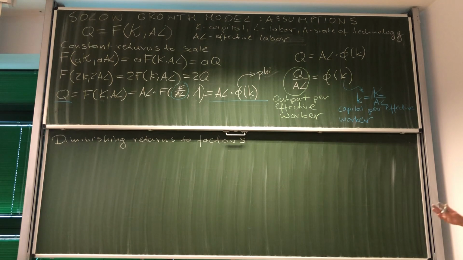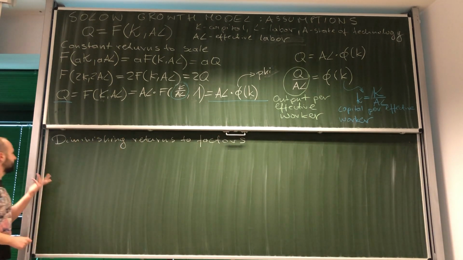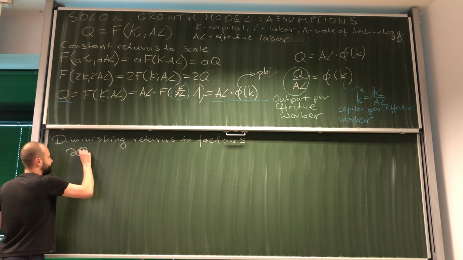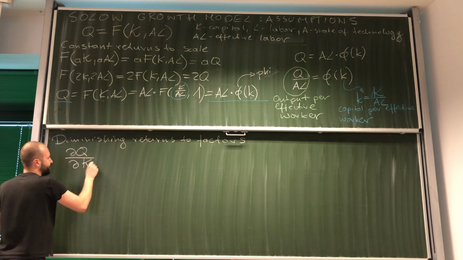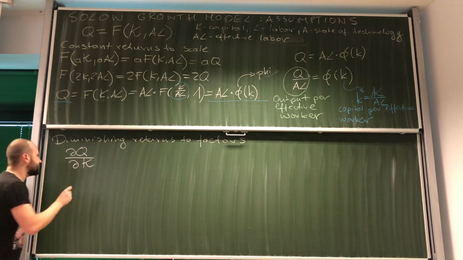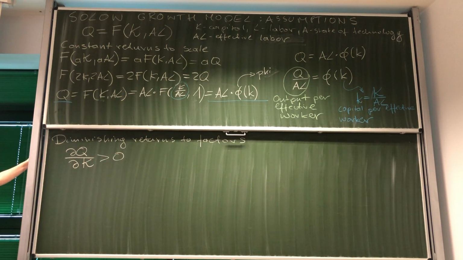Look, the best way to see it is, of course, through derivatives. Because, look, if I'm going to calculate the partial derivative of Q, so level of production, with respect to capital, what am I going to get? This should be positive. Why? Well, the higher the level of capital, the more we will be able to produce.